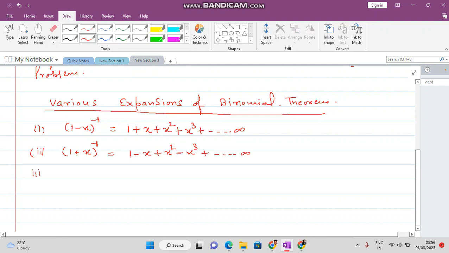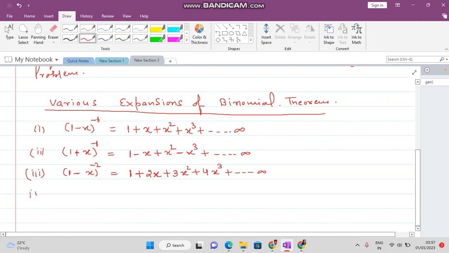Then third one, 1 minus x raised to the power minus 2, is 1 plus 2x plus 3x square plus 4x cube, like this.